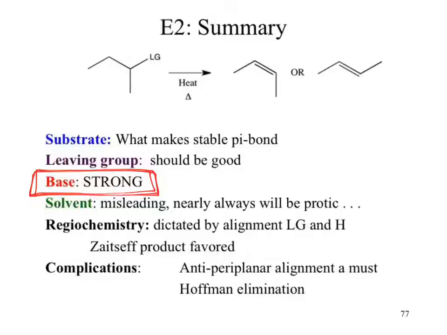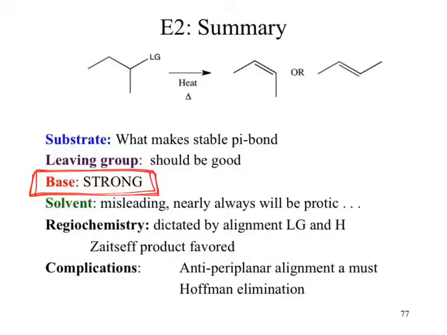A big complication that comes down to this is actually mentioned in our regiochemistry. It is dictated based on the alignment of the leaving group and the hydrogen. The leaving group and the hydrogen removed must be anti to each other. They add this extra term there, don't worry about it, but it's anti-periplanar for the elimination reaction to occur.